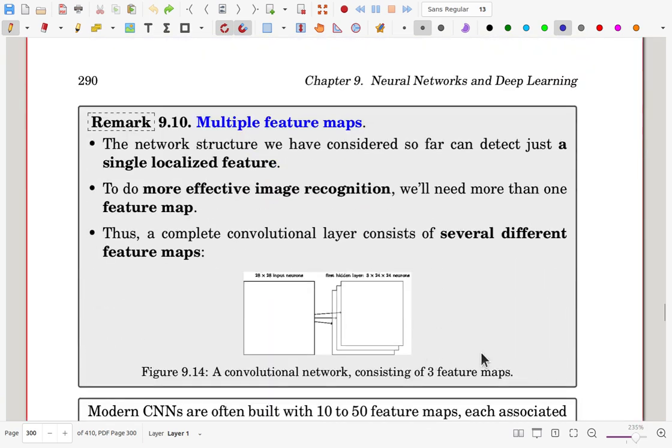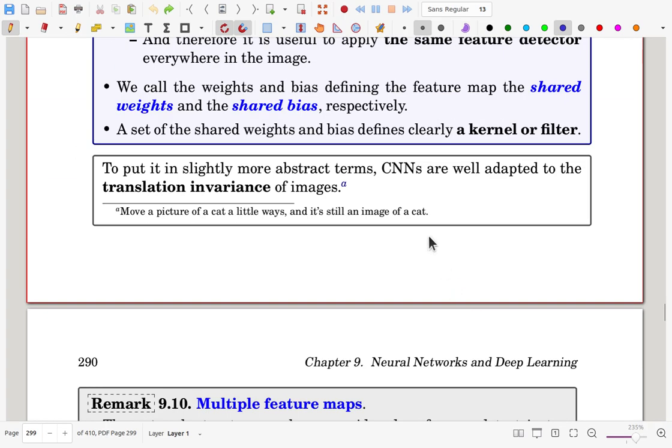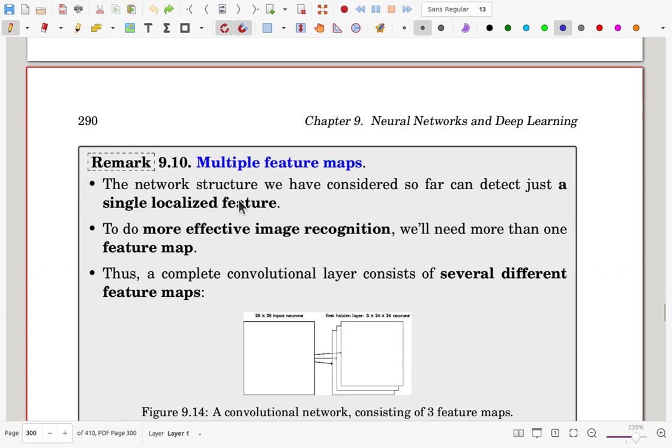Okay, and here we considered a feature map, but a single localized feature map is not really good enough. So to make it more effective, we need more than one feature map.